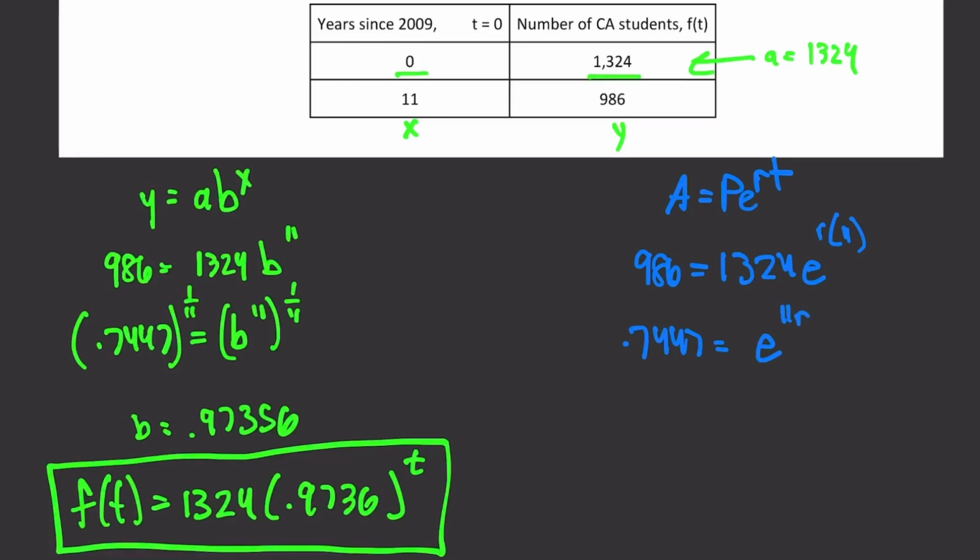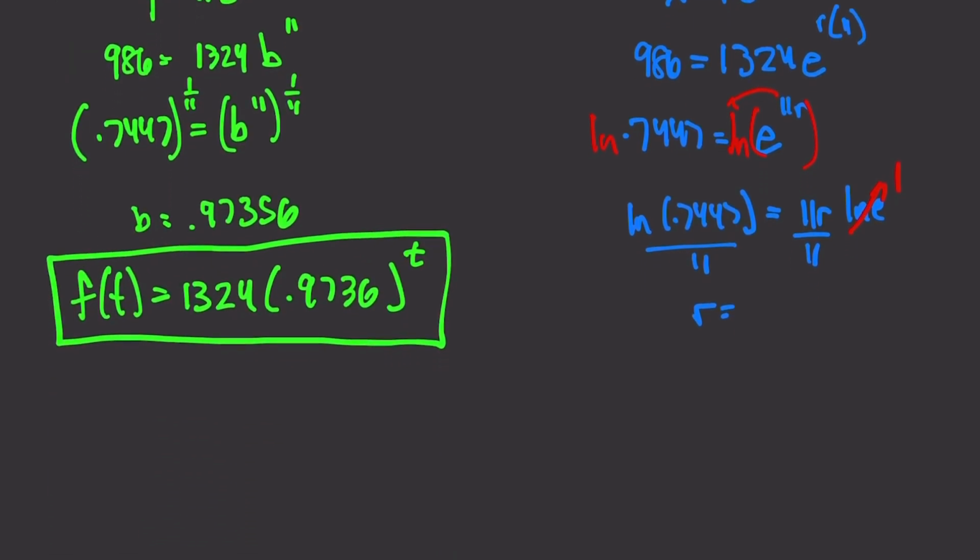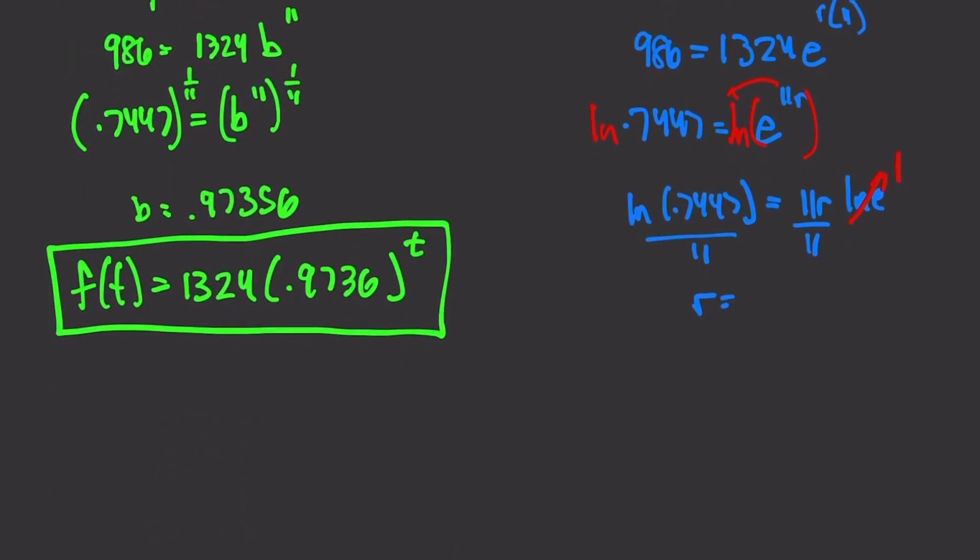And I'm going to take the natural log of both sides. Again, something we've done a lot already. And you know that exponent's going to go out in front. So what that's going to give me is natural log of 0.7447 equals 11r natural log of e. And that natural log of e becomes 1. So all you do now is divide by 11. So if I throw that into the calculator, my r value here ends up being negative 0.0268.